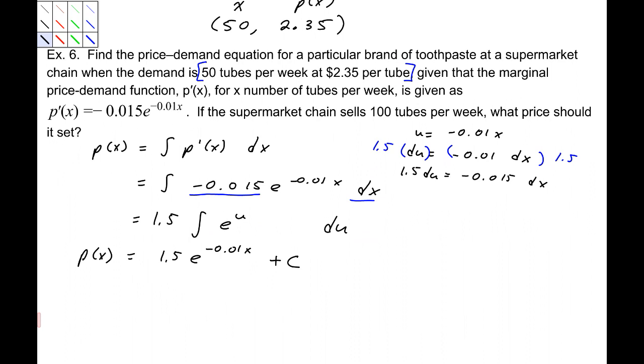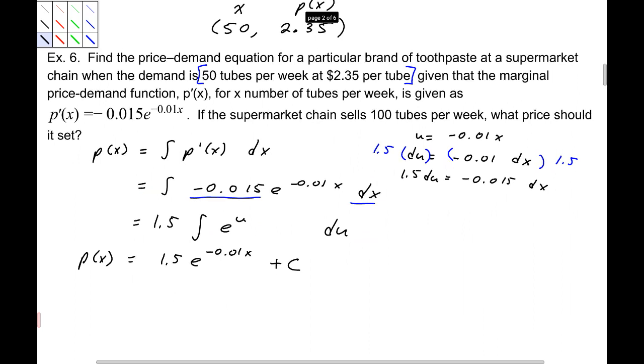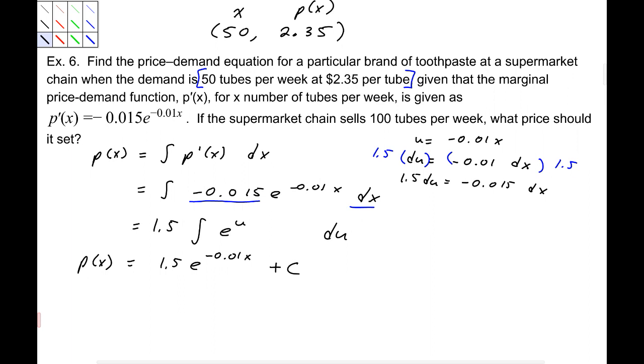Okay. Now we need to use this point we're given, 50, 2.35, to determine what c is. So if my price is $2.35, that is 1.5 e to the negative 0.01 times 50 plus c.